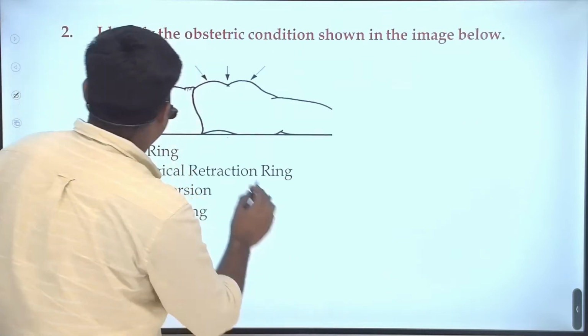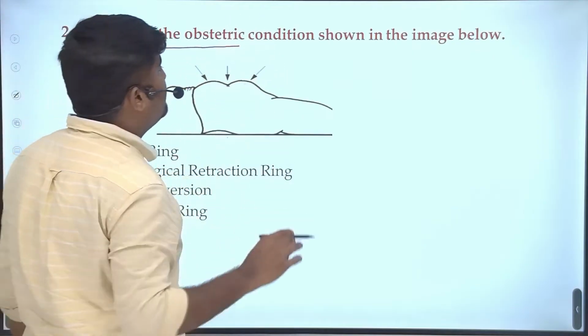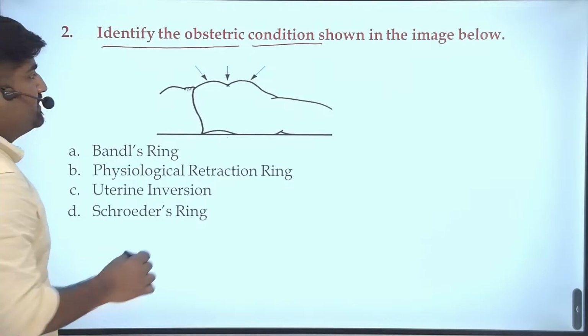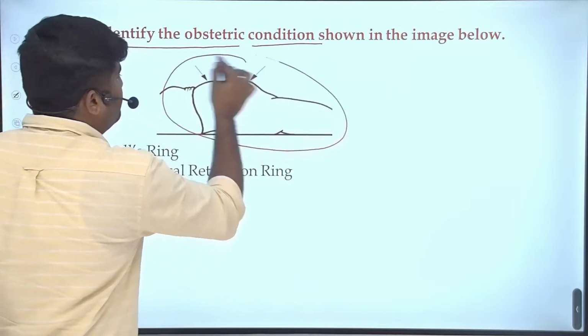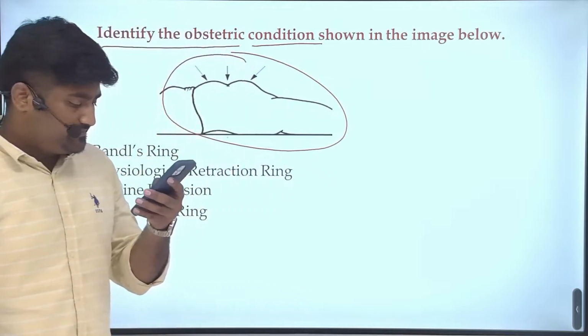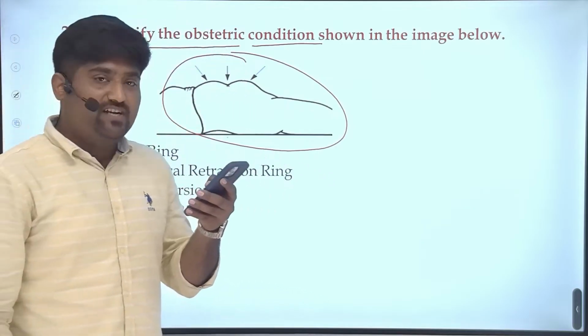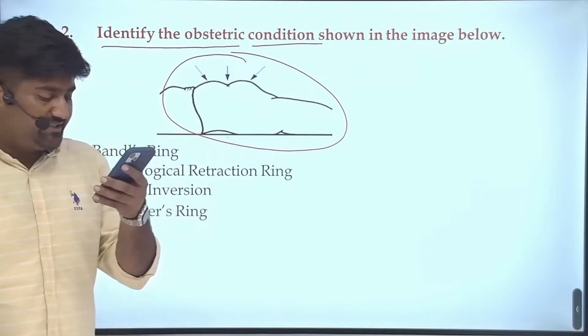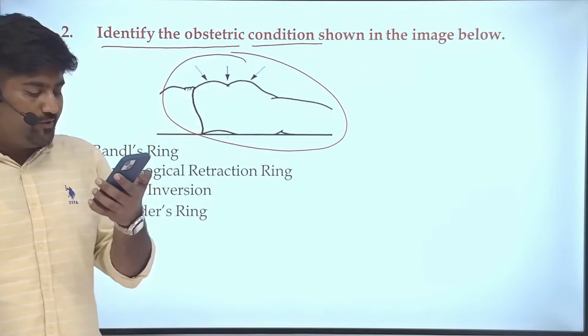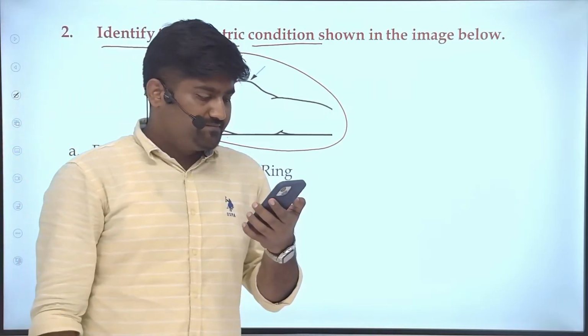Next question. Identify the obstetric condition shown in the image below. You can remember this easily because it is a repeated question. Yes, malar flexion, shoulder traction. Correct, Vinita, you are correct.